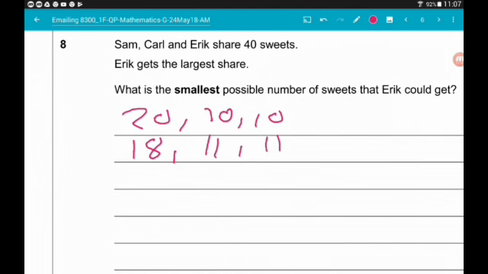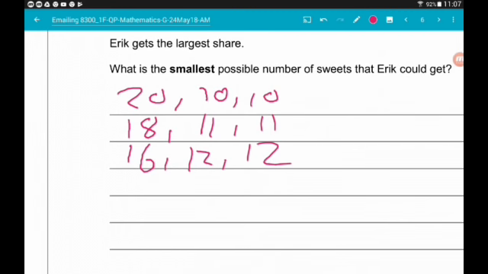Let's try 16 for Eric. So 40 minus 16 is 24. So the other 2 guys could have 12 each. No problem there. If Eric had 14 sweets, well, 40 minus 14 is 26.